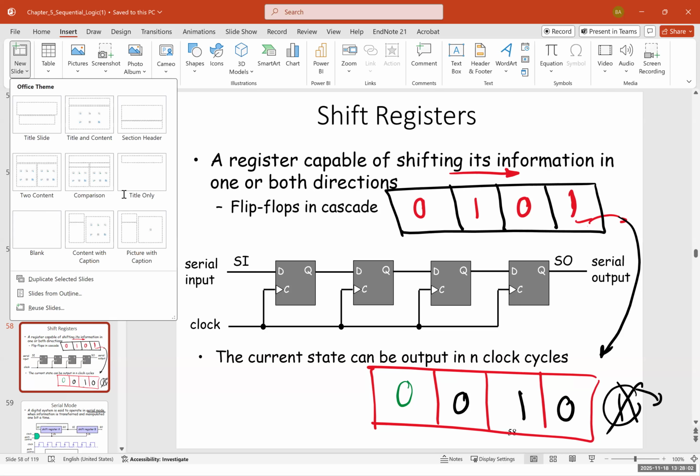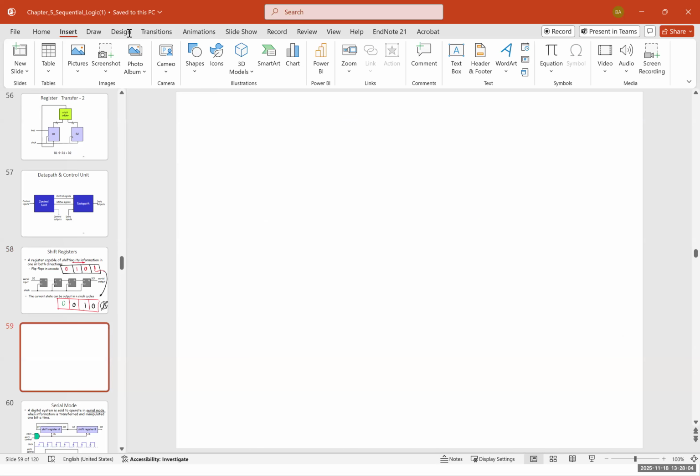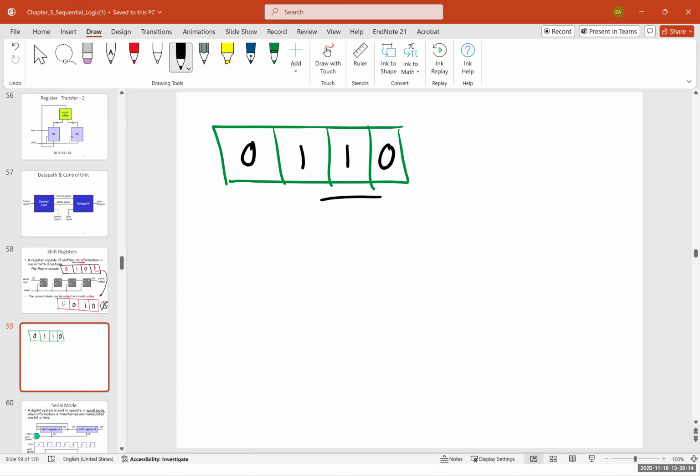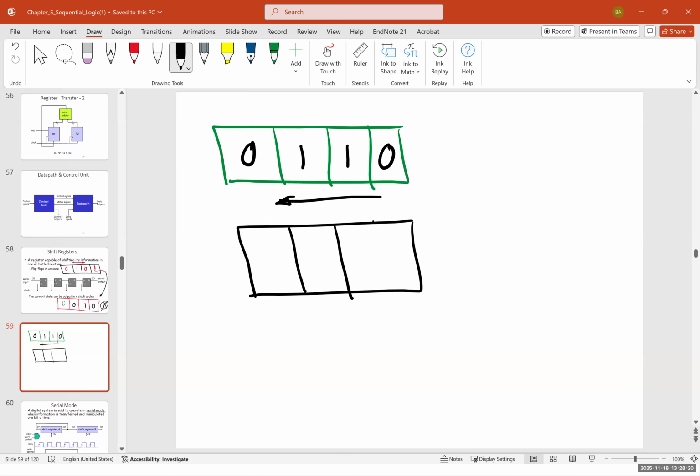Another type of register is a shift left register, and it looks like this. Imagine I have, again, a 4-bit system. It's 0, 1, 1, 0, and I want to shift it 1 bit to the left. Can you tell me what it would look like if I shift everything 1 bit to the left?